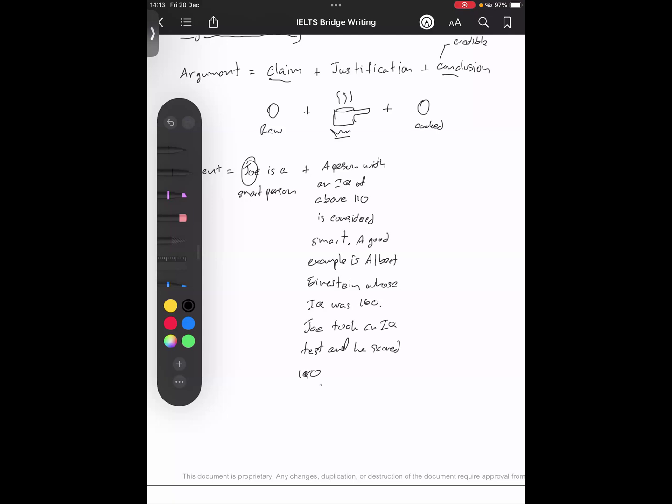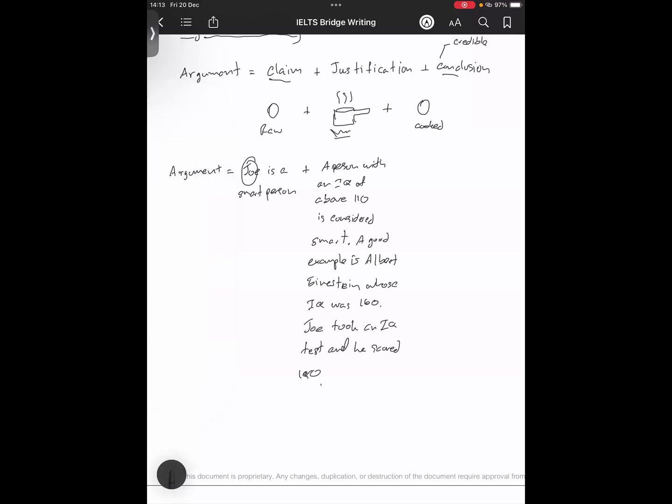Okay, so based on the IQ theory, it suggests that a person with an IQ of above 110 is smart. And Joe has an IQ of 150. So by an IQ standard, we can conclude that Joe is a smart person.